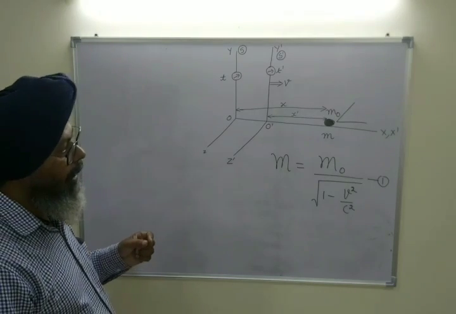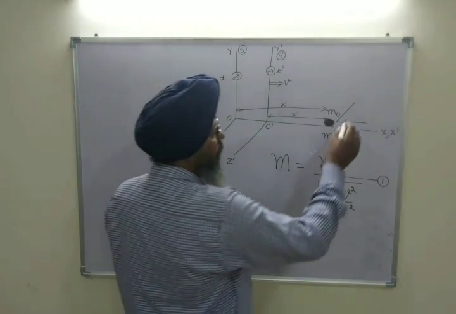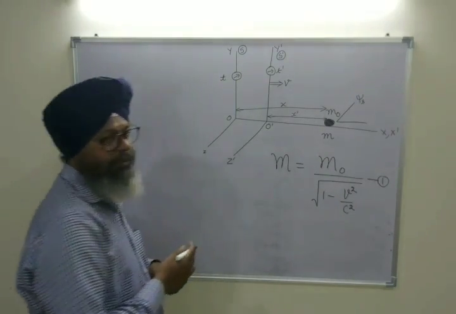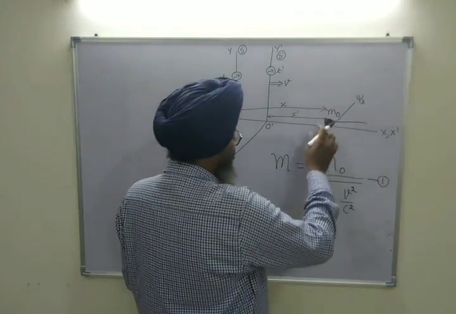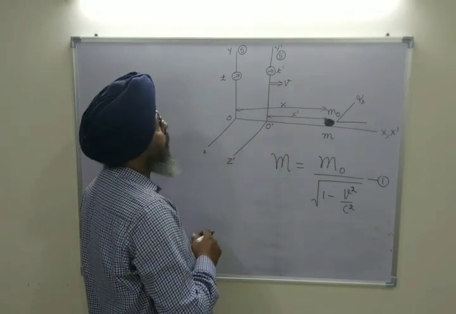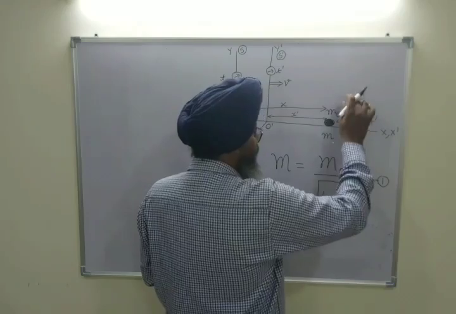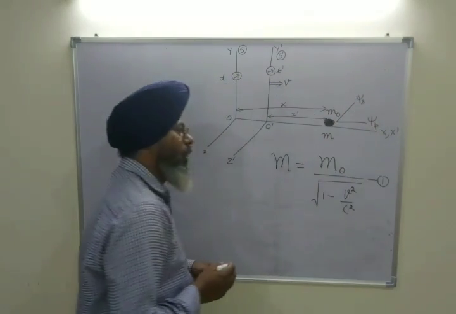Since in the frame S dash the object is at rest, the wave attached with it must be a stationary wave. And similarly, if the object appears to be in motion in the frame S, the same wave attached with it, when seen from S, must appear to be a progressive wave.